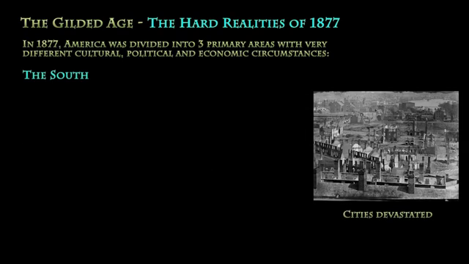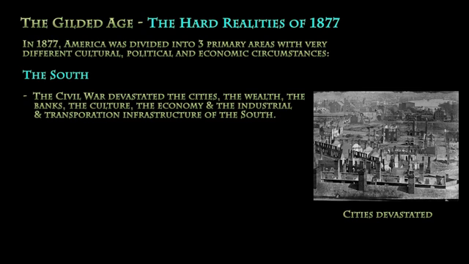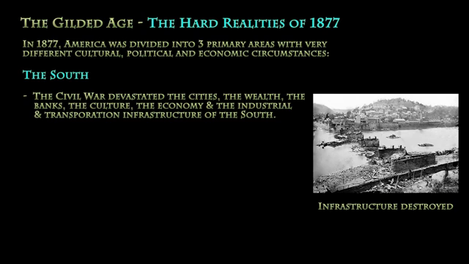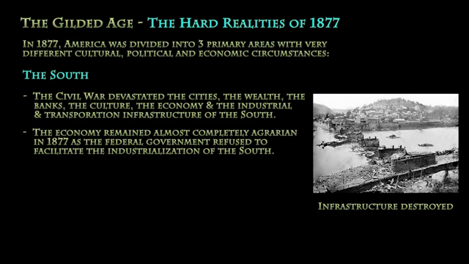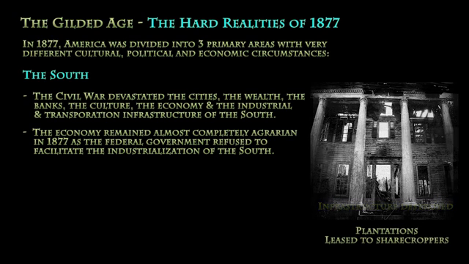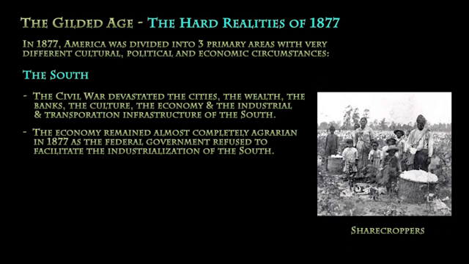The South. The Civil War devastated the cities, the wealth, the banks, the culture, the economy, and the industrial and transportation infrastructure of the South. The economy remained almost completely agrarian in 1877 as the federal government refused to facilitate the industrialization of the South.